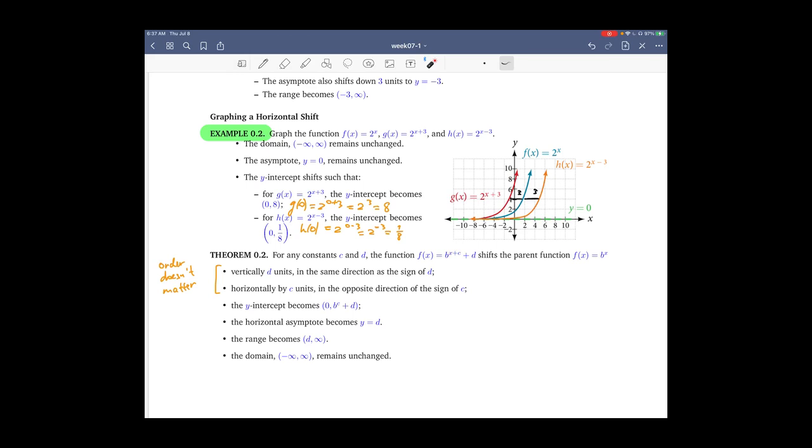If c is negative, like in this example, 2 to the power x minus 3, c equals negative 3, you would shift to the right by negative c units. And if c is positive, like in this example, x plus 3, you would shift to the left by c units.